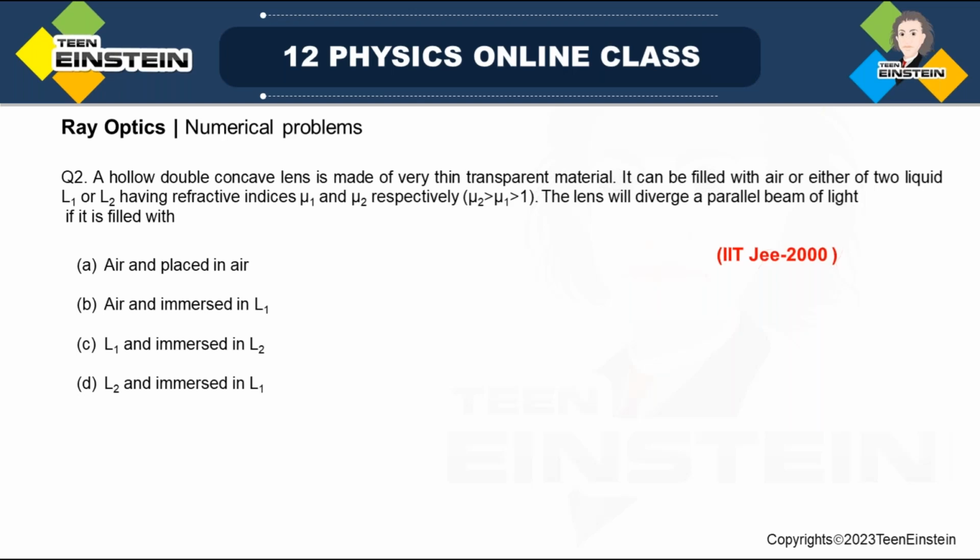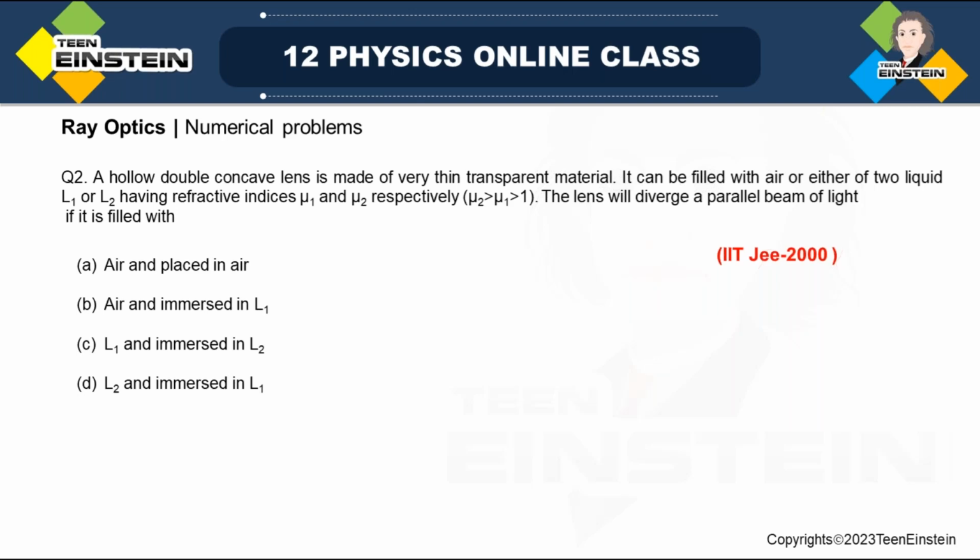A hollow double concave lens is made of very thin transparent material. It can be filled with air or either of two liquids L1 and L2 having refractive indices mu1 and mu2 respectively.